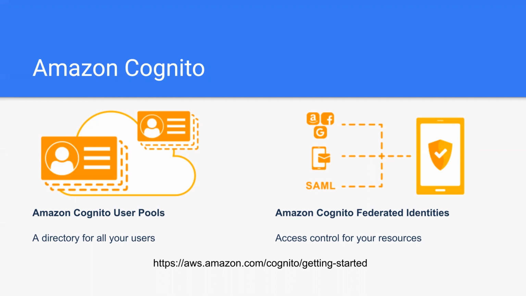A user pool is a user directory in Amazon Cognito. Your app users can sign in either directly through a user pool or federate through a third-party identity provider, known as an IDP.